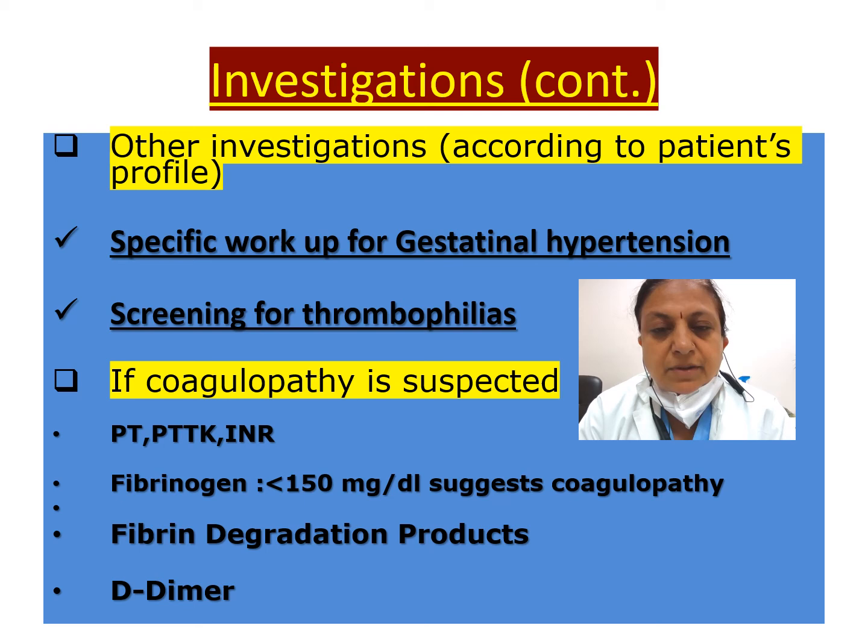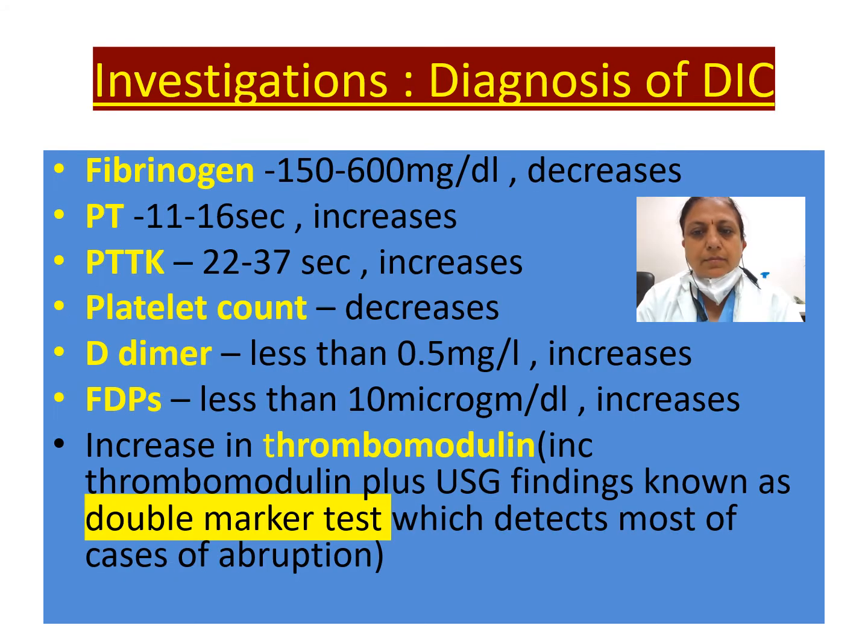Fibrinogen less than 150 milligrams per deciliter suggests coagulopathy. Get the fibrin degradation products done and the D-dimer test. The diagnosis of DIC is made when the fibrinogen level, normally between 150 to 600 milligrams per deciliter, is decreased.